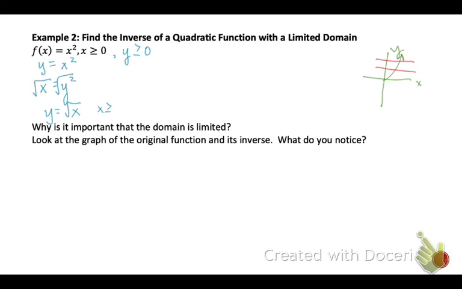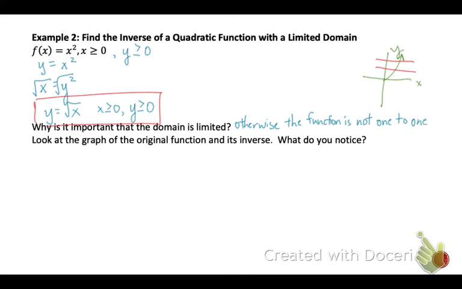So for the domain of my inverse function, I look at the range. It'll be greater than or equal to 0. And then for my range, I look at the domain, greater than or equal to 0. Why is it important that the domain is limited? Otherwise, our original function would not be 1-to-1, and then that means that our inverse would not be a function.